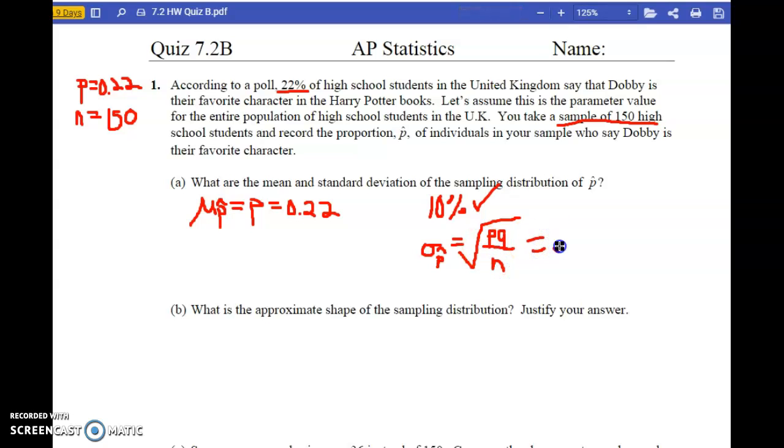And here, that's 0.22 times 0.78 over 150. And I looked at my answer key, that should give you 0.034.